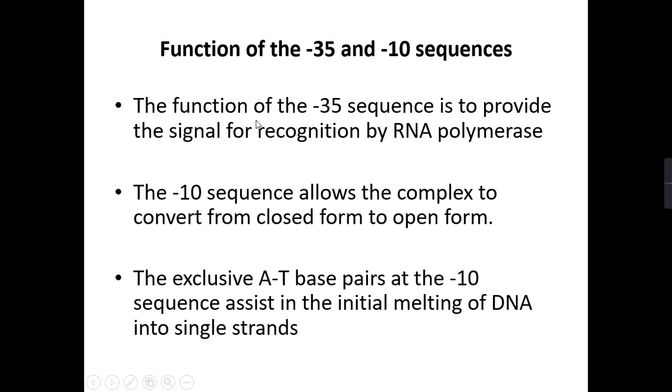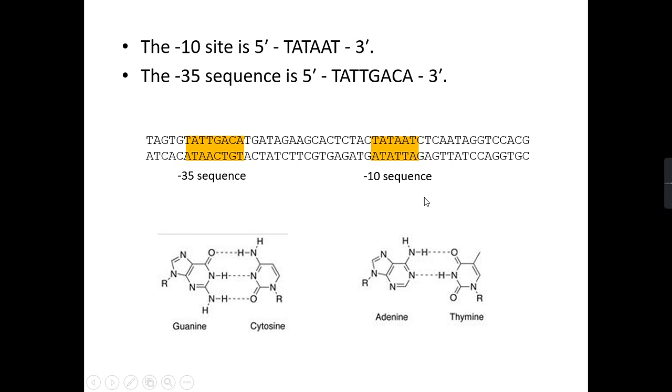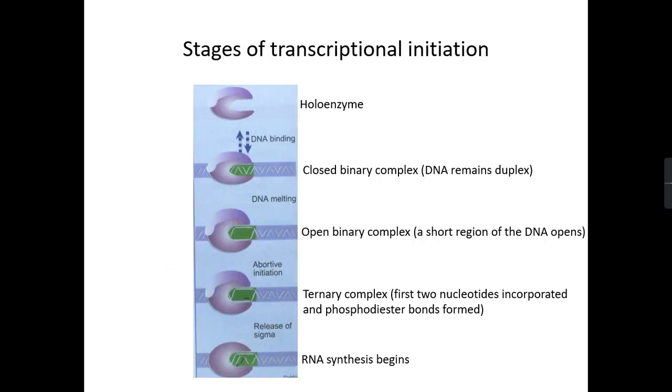So let's look at the functions again. The -35 sequence provides the signal for recognition by the RNA polymerase, and the -10 sequence or region allows the complex to convert from closed form to open form for transcription to begin.